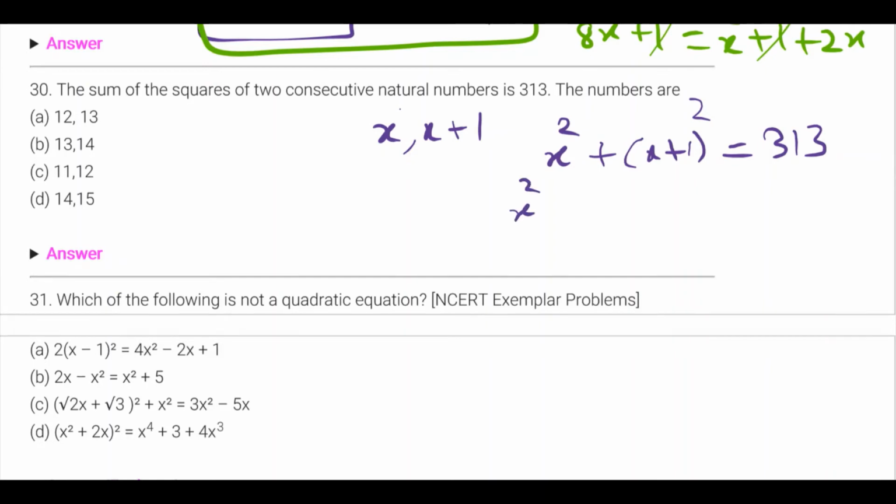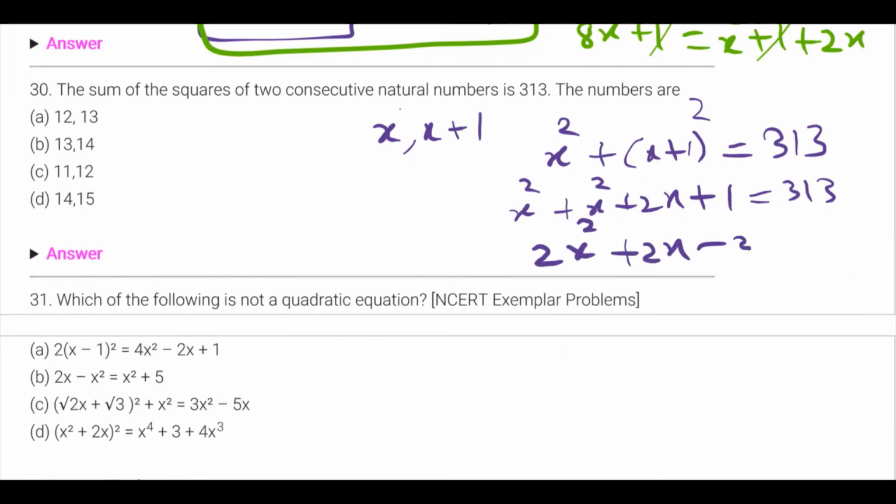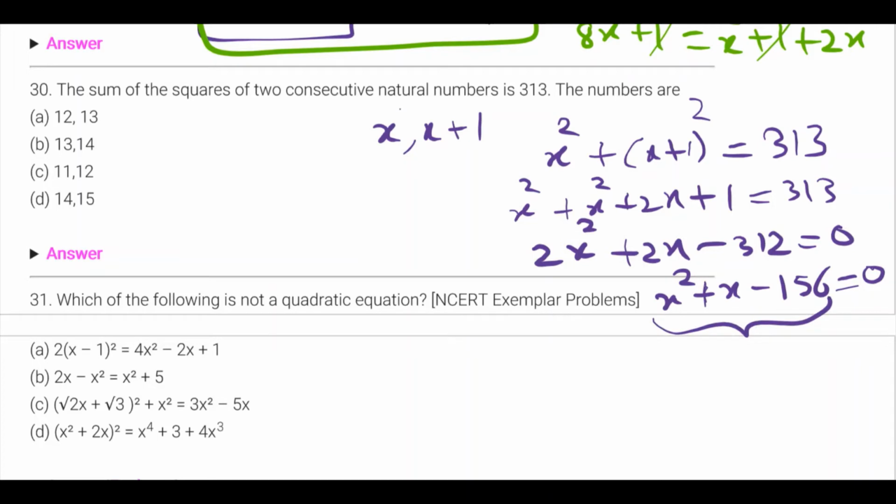This is x square plus x square plus 2x plus 1 equals 313. So 2x square plus 2x minus 312 equals 0. I'm dividing with 2. X square plus x minus 156 equals 0. So this is my quadratic equation.